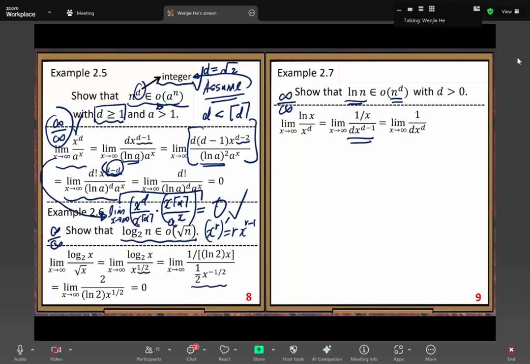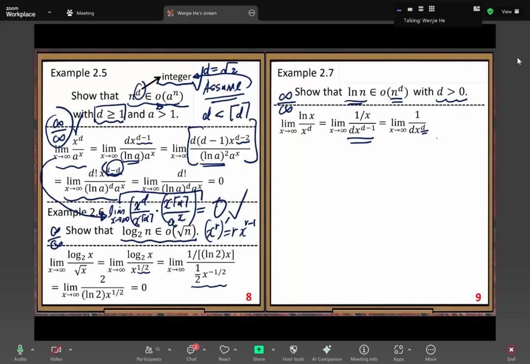It is not an indeterminate form anymore, so we cannot consider L'Hopital's rule, and we have to stop. We can find its limit immediately, because the denominator goes to infinity. When the exponent d is a positive number, x to the d must go to infinity.